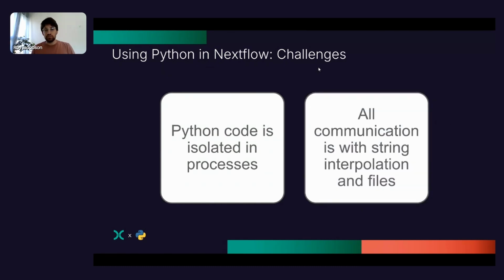The second problem is a bit bigger: all communication between Python and Nextflow has to go over string interpolation or over files. I want to give you two examples of Python usages in Nextflow that I sampled from GitHub to show you what I mean by those challenges.